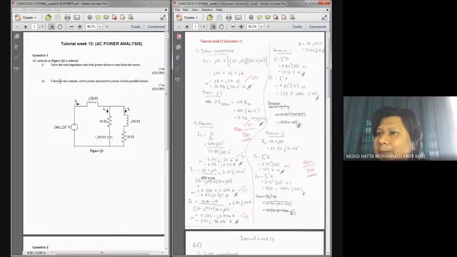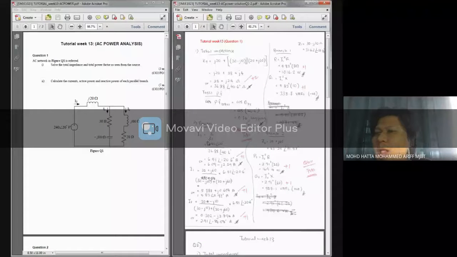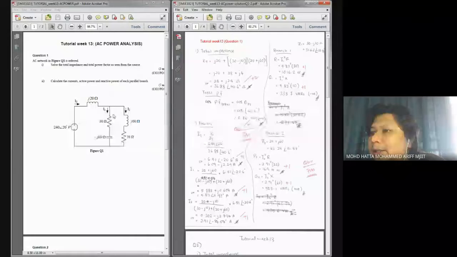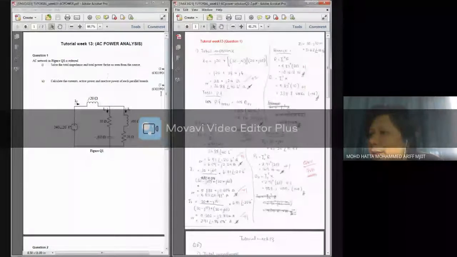And for the second part, calculate the current, active power and reactive power of each parallel branch. Sorry about that. You need to calculate the current of each parallel branch, which means you need to calculate I1 and I2. The best way is by using the current divider rule.